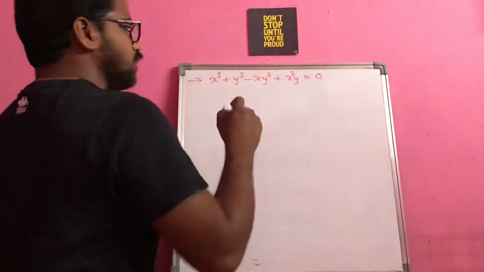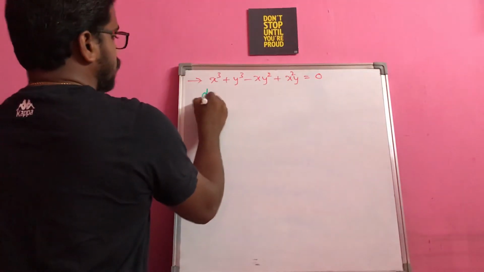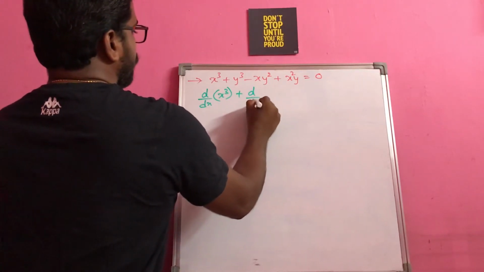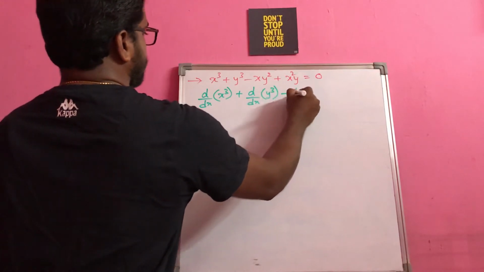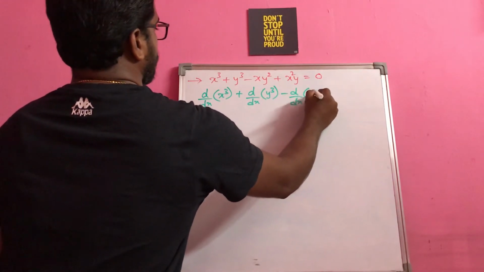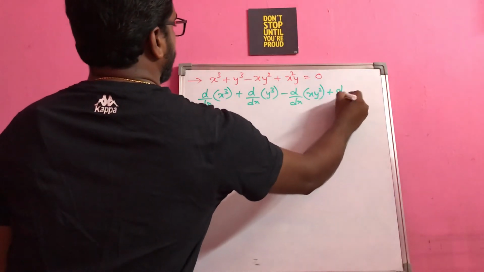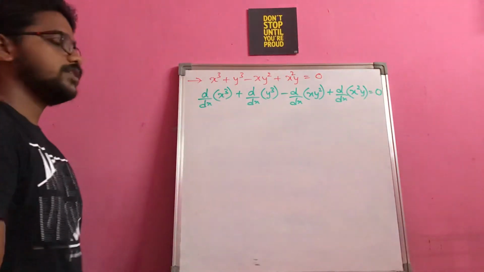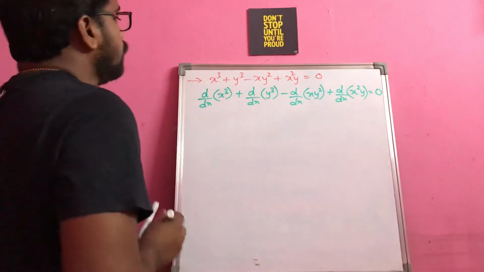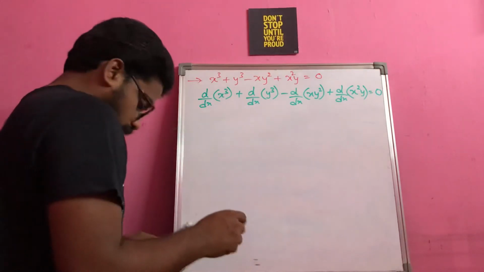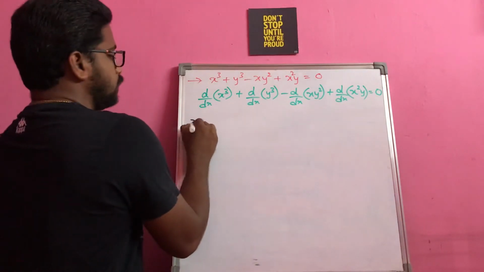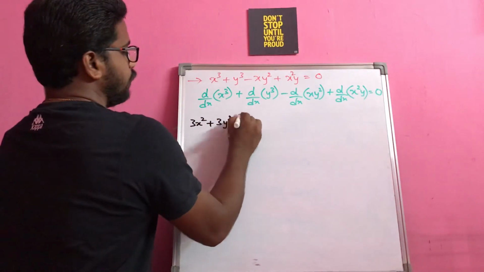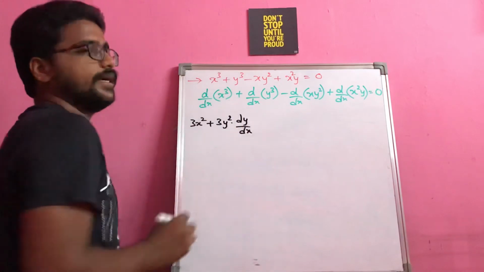So again, as I told you, just apply the differentiation throughout the equation, d by dx of, let me try to write it directly. You can just split the differentiation among addition and subtraction. d by dx of x cube plus d by dx of y cube minus d by dx of xy square plus d by dx of x square y is equal to 0, because the derivative of a constant is anyway 0. So now you can observe here, derivative of x cube is nothing but 3x square. Derivative of y cube will be 3y square into dy by dx.